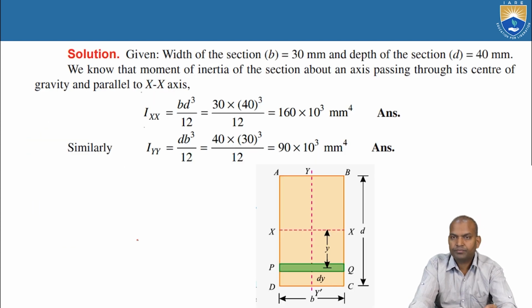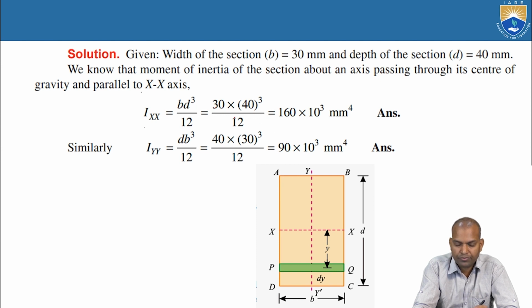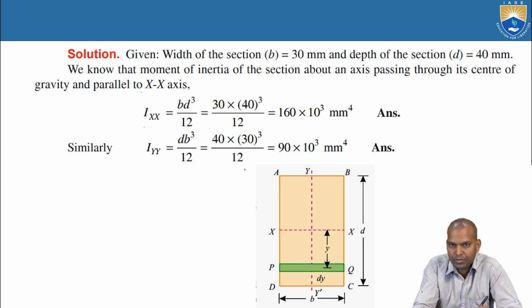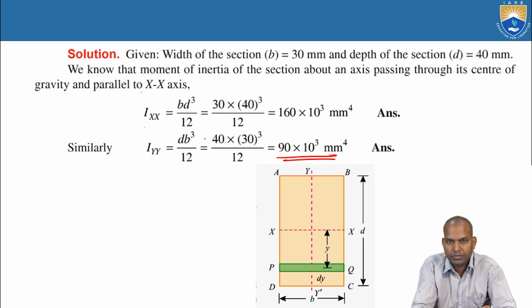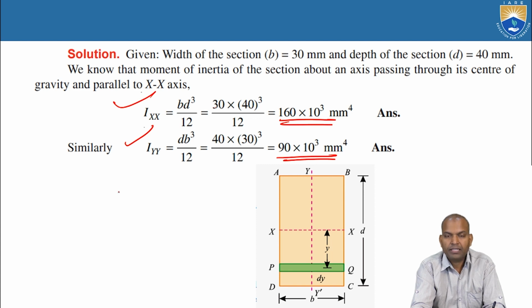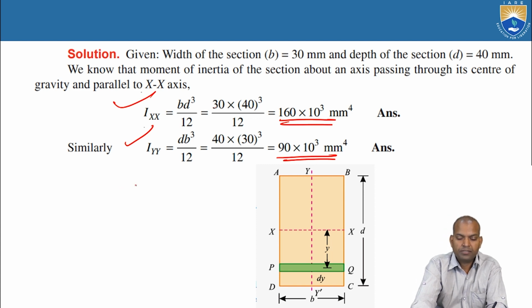That's it, simple. Ixx is 30 times 40 cube by 12, that is 160 times 10 cube millimeter power 4. And Iyy is 90 times 10 cube millimeter power 4. These are the moments of inertia.